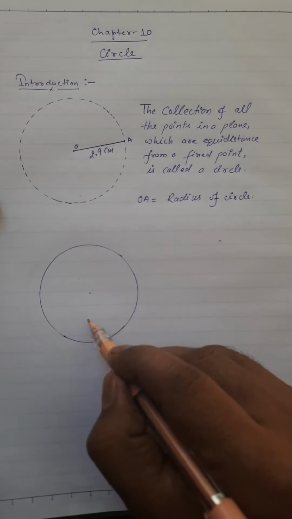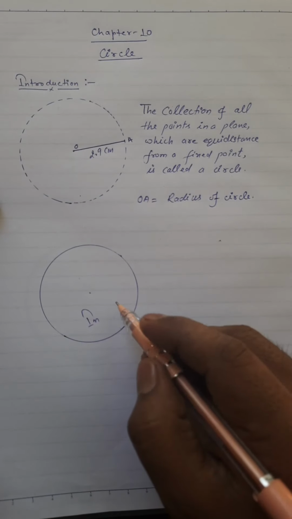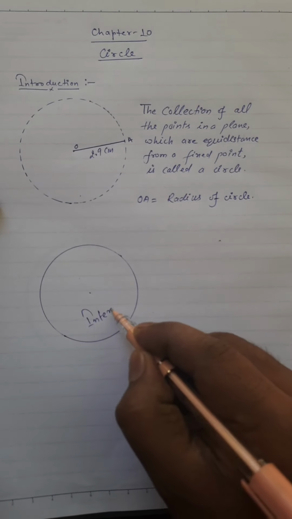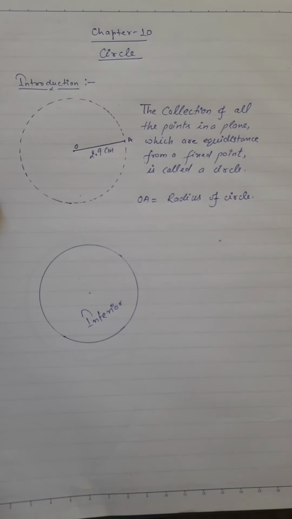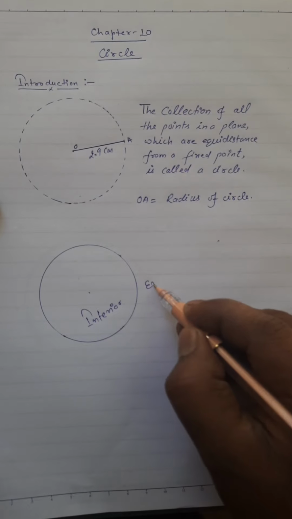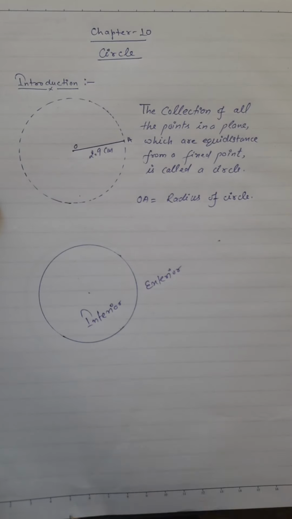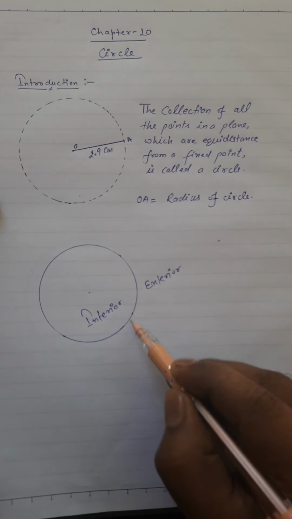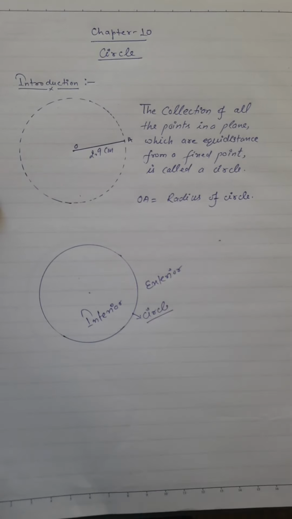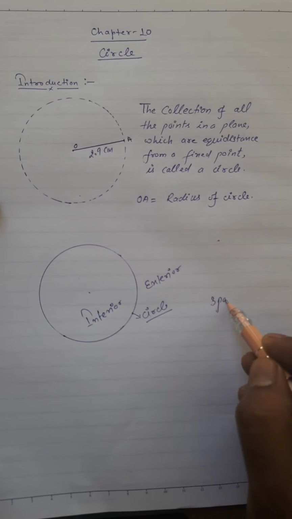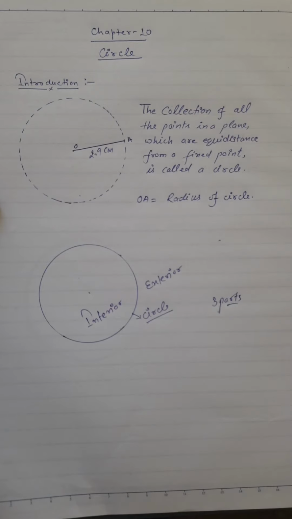One is the interior of the circle, the inner part. One is the exterior of the circle, and one part is the boundary of the circle. So a plane figure always divides the plane into three parts.